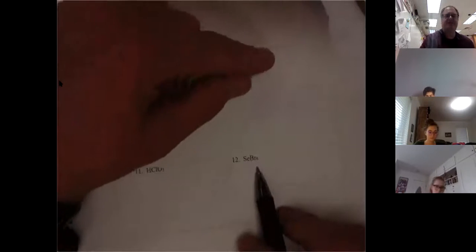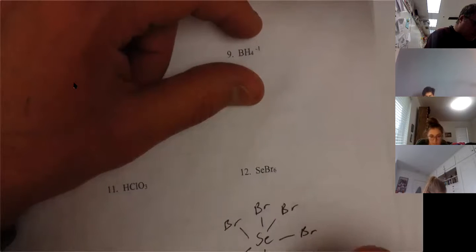Just for fun, let's try a few of these that won't be on the quiz, but are a little more difficult. Let's try this one right here, SeBr6. Who's in the center? Se. I don't have the chat open, so please don't try to type in there. Se, Br, Br, Br, Br, Br, Br.